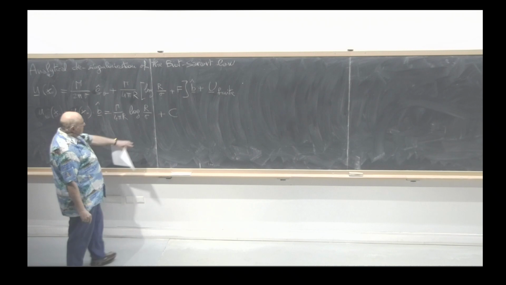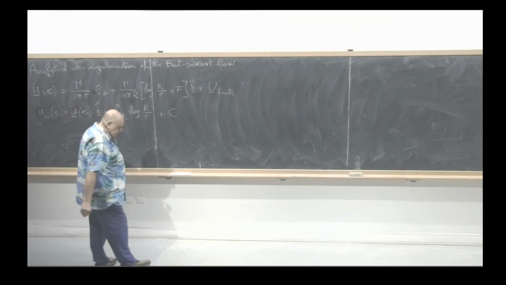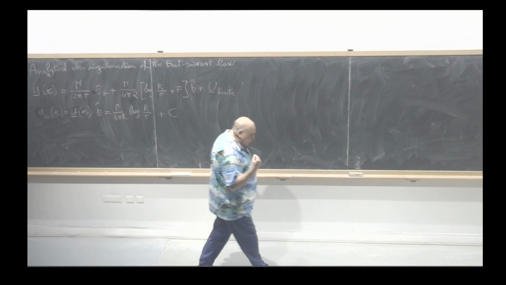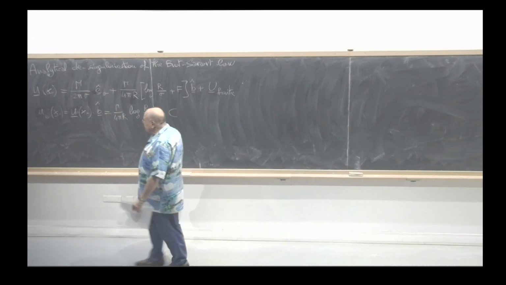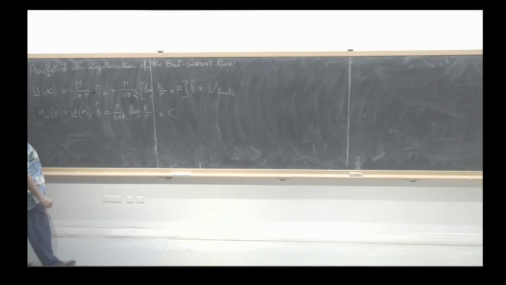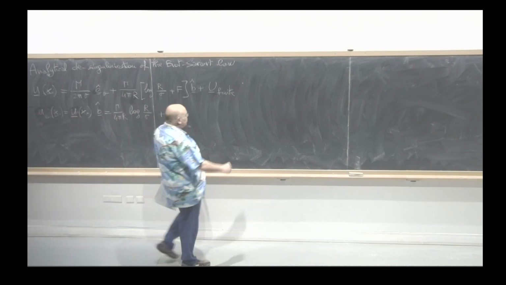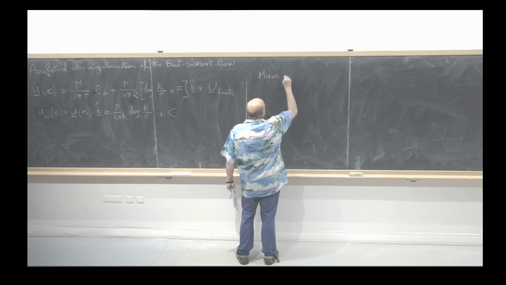So this is finite, okay? But we want to compute the exact velocity, especially thinking of a numerical simulation. So what has been proposed is based on a paper by Moore and Saffman.